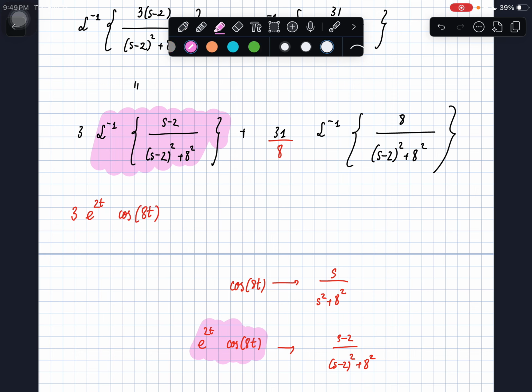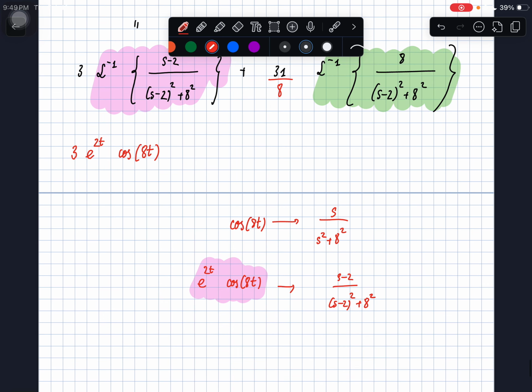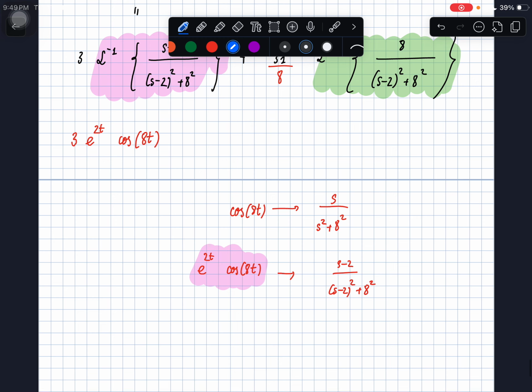Now the second term, let's just look at this one. You have 8 over s squared plus 8 squared, which is the transform of sine of 8t.